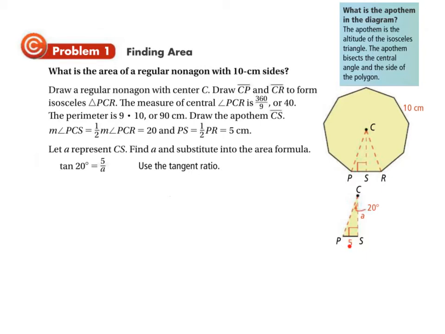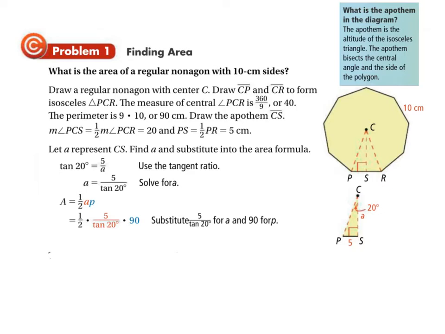Tangent of 20 equals the opposite, 5, over the adjacent, A. Solving that out, you can switch places, so you have the A over here and the tangent of 20 there. Solving for A is just a calculation that you make. But they're saying you can just plug that straight in and calculate it all together.